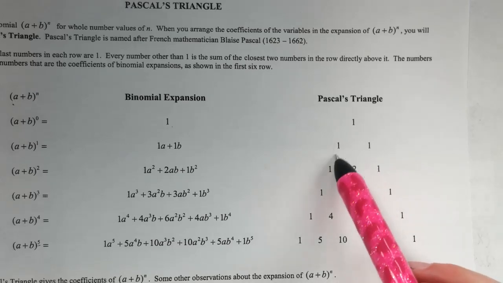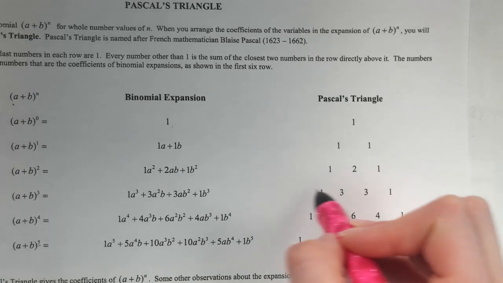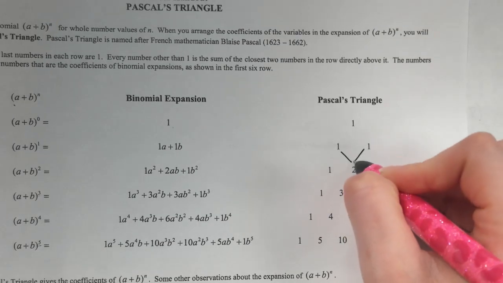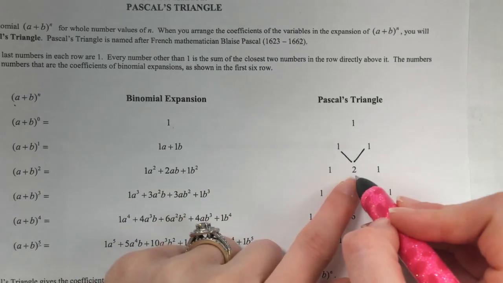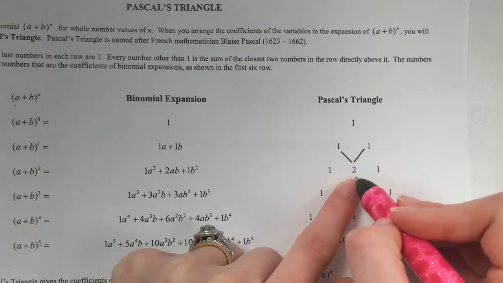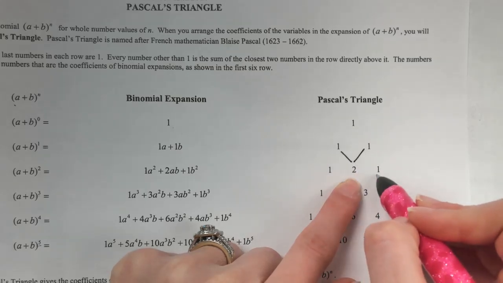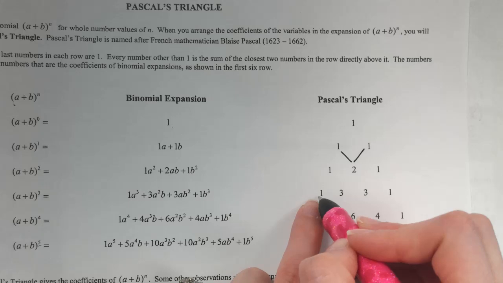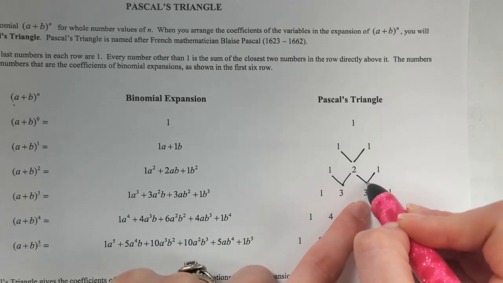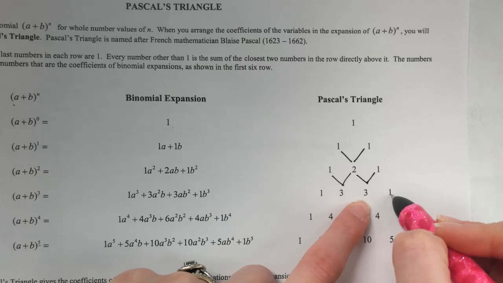And then from there, to build your triangle, each successive row, you're going to use the 2 numbers above it and add them to get the middle term. So I start with a 1, then I add 1 plus 1 to give me 2. End with a 1. Then my next row, I start with a 1, 1 plus 2 gives me 3, 2 plus 1 gives me 3, and then I end with a 1.